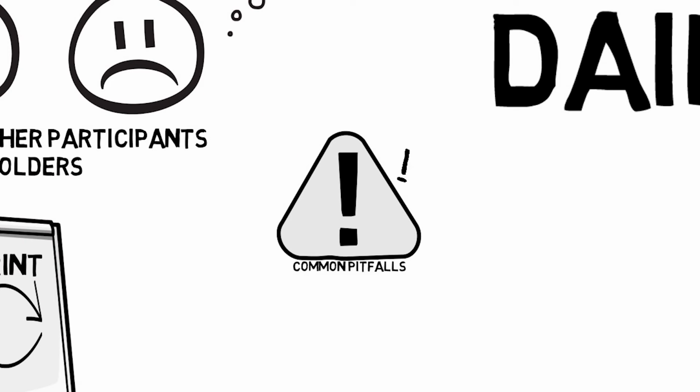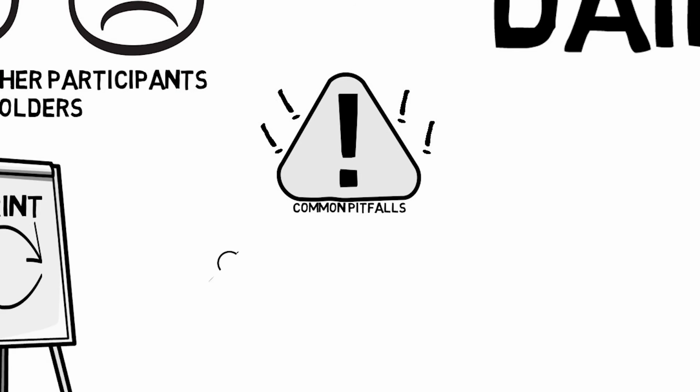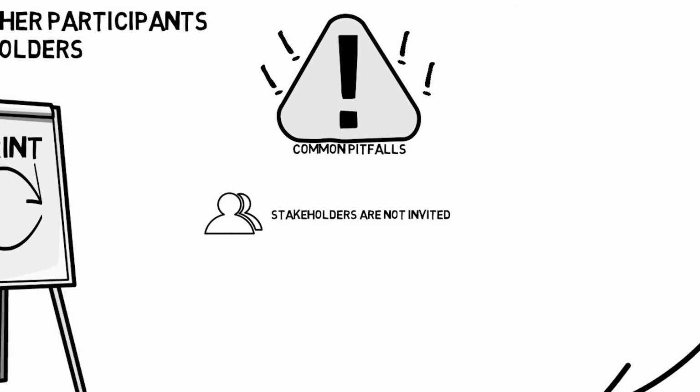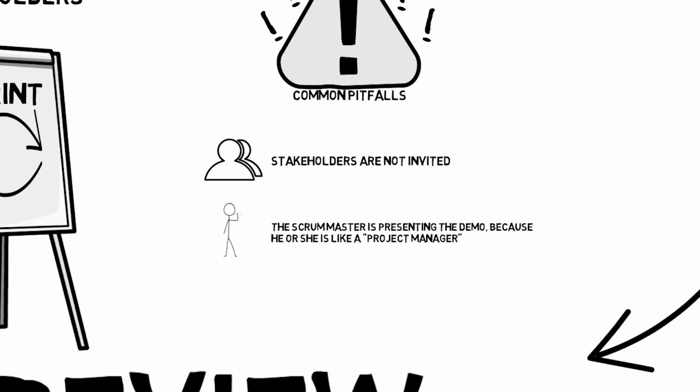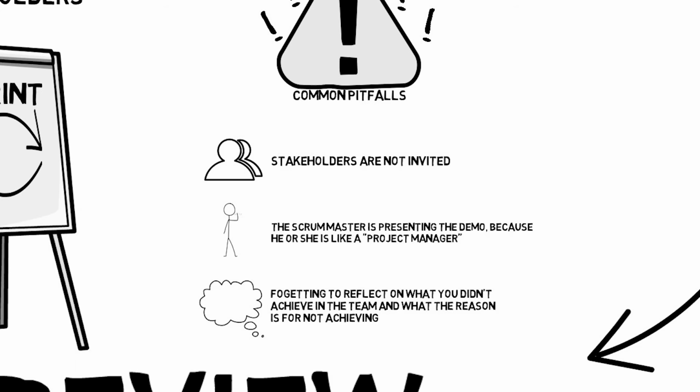Common pitfalls in this practice are that the stakeholders are not invited. Another one is that the Scrum Master is presenting the demo because he or she is like a project manager for the team. And another is that we are not reflecting on what we didn't achieve in the team and what is the reason that we didn't achieve the committed tasks.